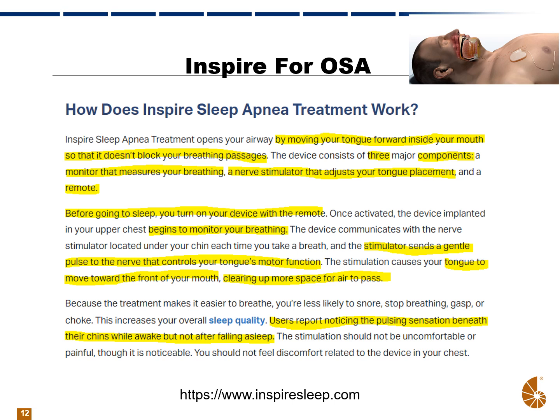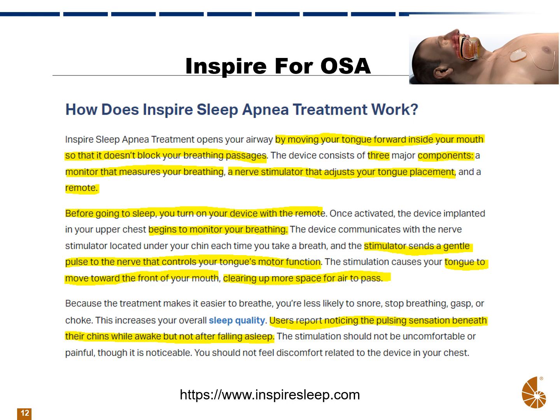So before you go to sleep, after it's installed, it takes about 30 days of a waiting period, and then it can be used, and you have a separate device that you turn the device on, and the stimulator sends a gentle pulse to the nerve that controls your tongue's motor function. So the tongue moves forward, clearing space for the air to pass.